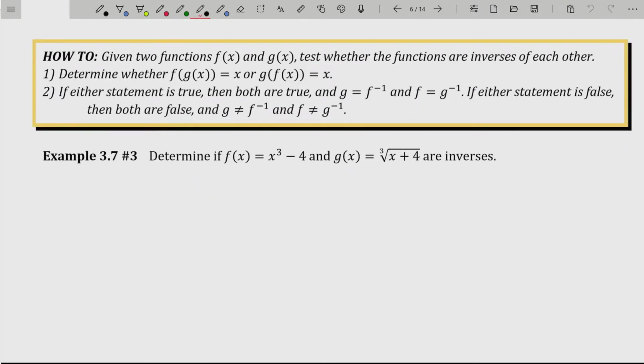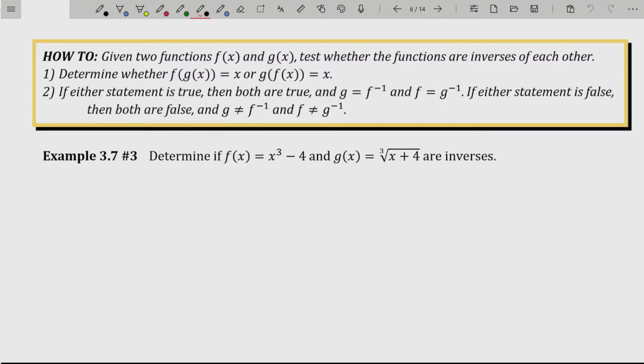So let's take a look at a very last example before we pause in this video process here. If I give you two functions and you want to test whether the functions are inverses of one another, this is how it's done. You just determine whether f of g of x is equal to x or g of f of x is equal to x. If either statement is true, then both are true.